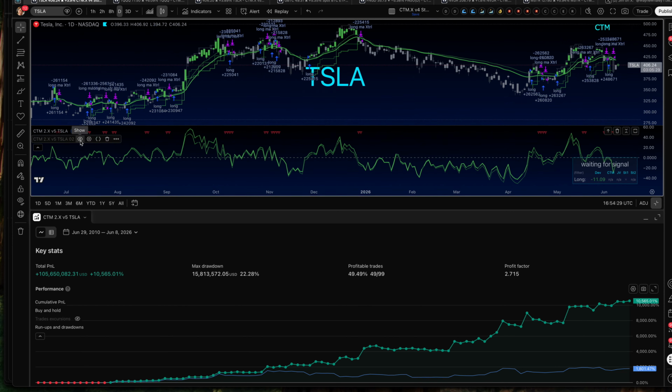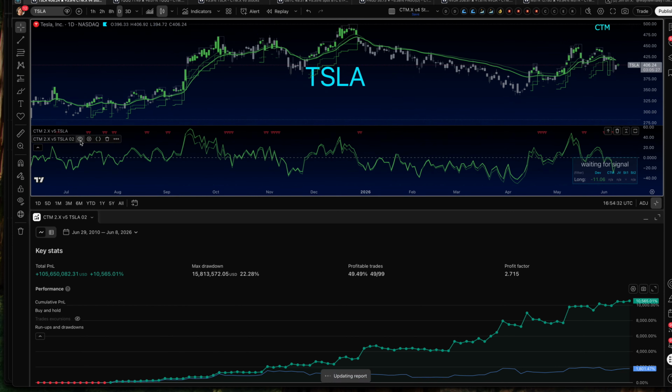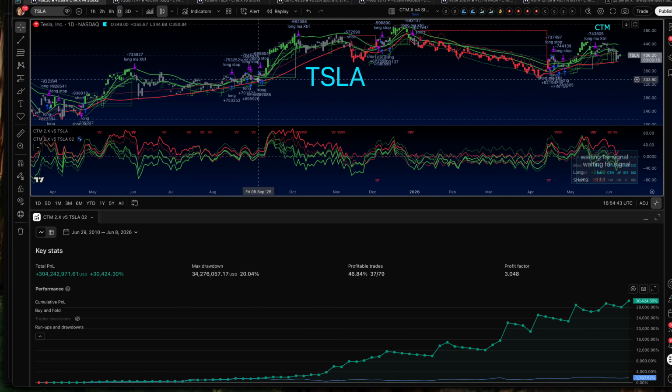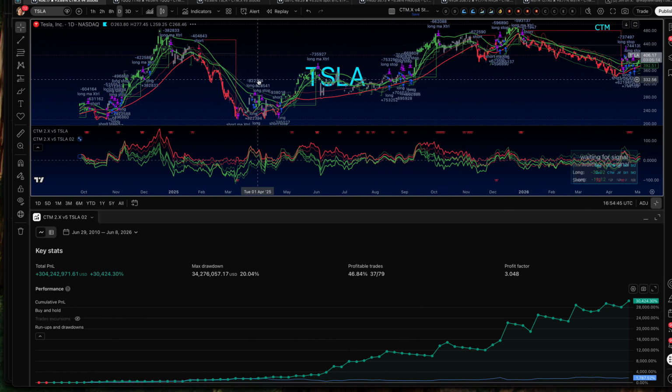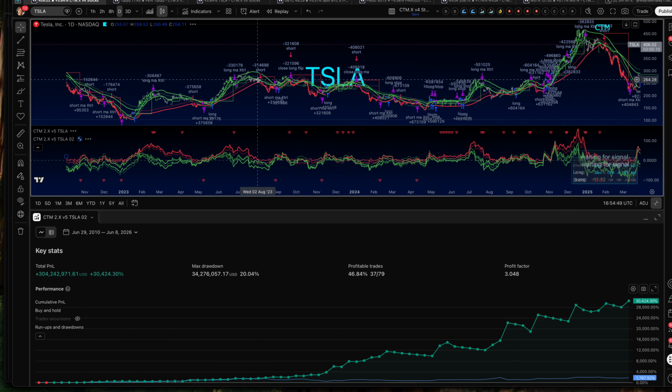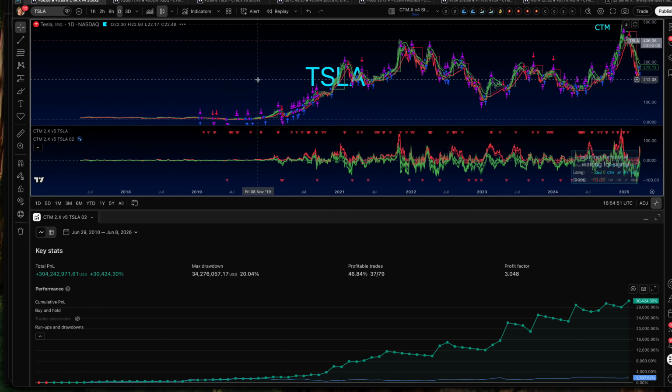This is Tesla in comparison over here on the buy and sell side. You could see that drawdown coming down, and you could see that's amazing. This is so quick to be able to catch the short side and take advantage, which is very hard in an asset that has been moving up and to the right.